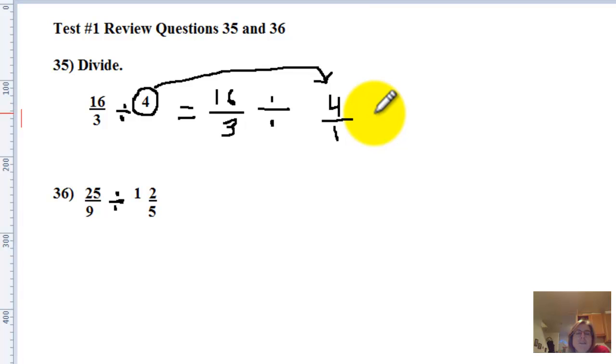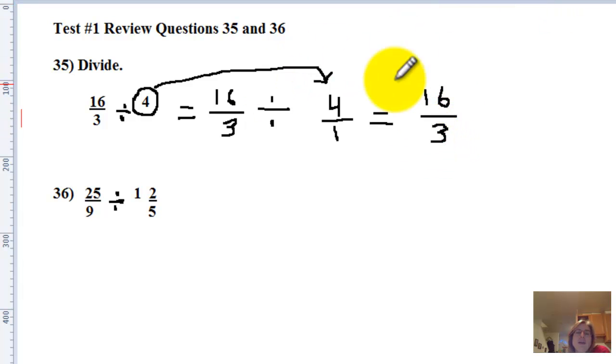So now we're looking at just a normal division problem with fractions that we've seen before, and I have other videos. 16/3 divided by 4 over 1. So our process is you keep the first fraction the same, and write this on a card to remember how to do the process if you need to, so you can memorize that.